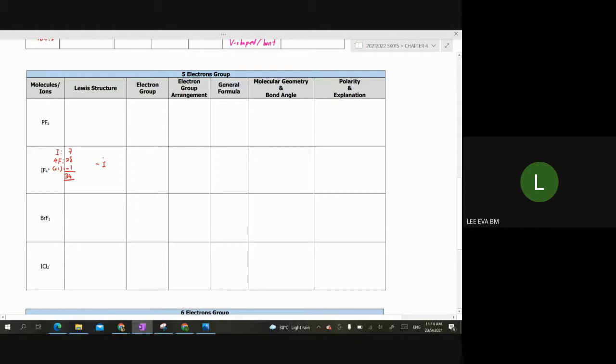So the central atom is your iodine because iodine is less electronegative. And then surrounding it, we have 4 fluorine. Remember, fluorine needs to complete its octet. So combining step 3 and step 4, we complete all the surrounding electrons first. Now each fluorine atom has 8 electrons, and here we have 32. So 34 is your total.